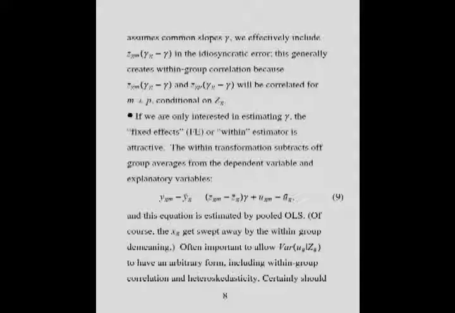Then in effect, what happens is this gets put into the error term, and the presence of that would generally cause correlation within cluster, and correlation that depends on the regressors.